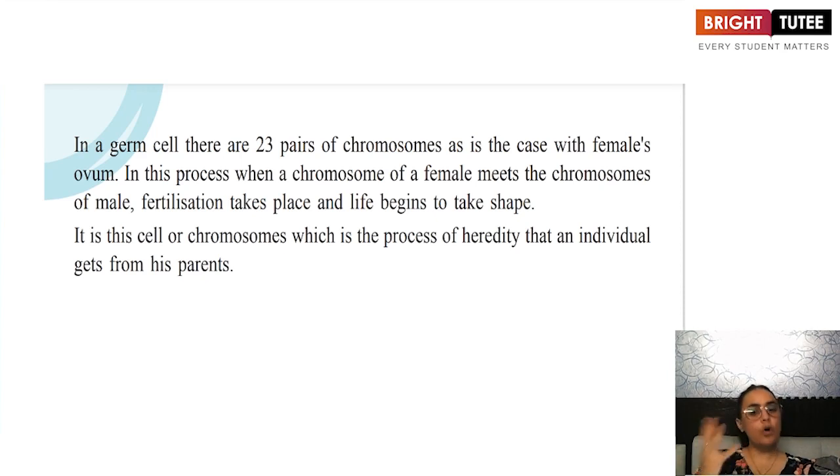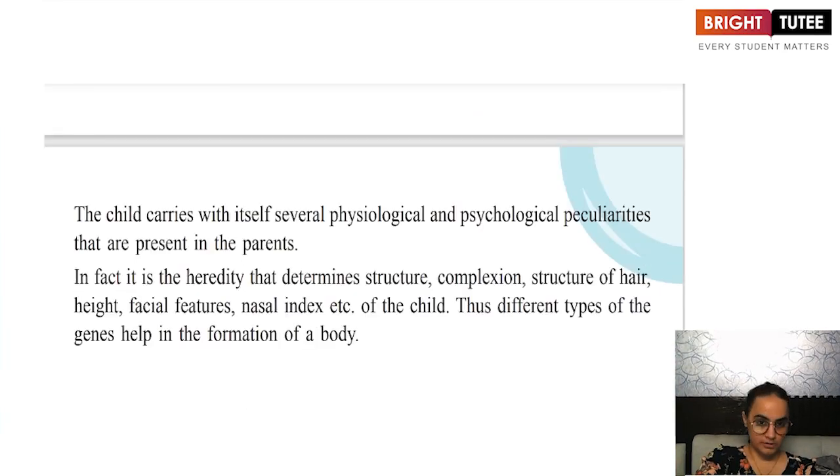The cells or the chromosomes, which is the part of heredity. So because of this entire fertilization process, the new life that begins inside the female gets the heredity, gets the chromosomes of his or her parents, and this is what determines the heredity of a child.